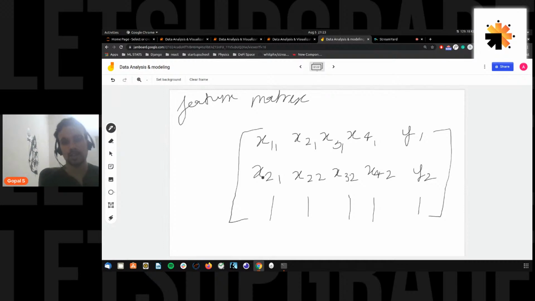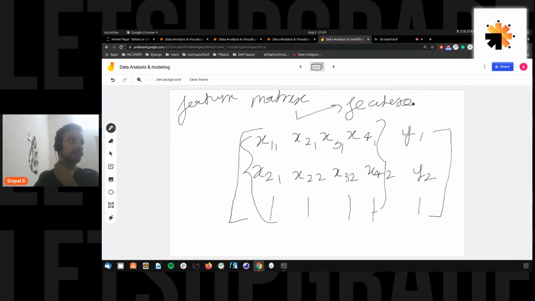So what are these? These are your features that help you build a mathematical model that predicts these labels. These are your labels.